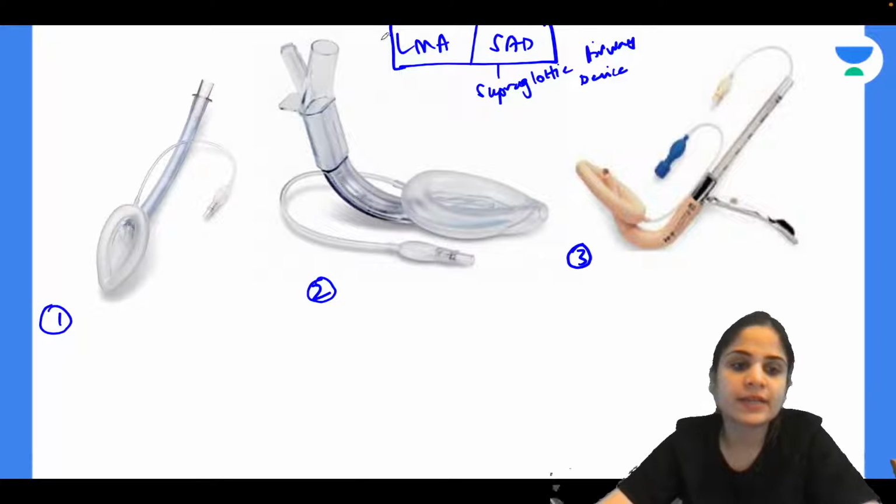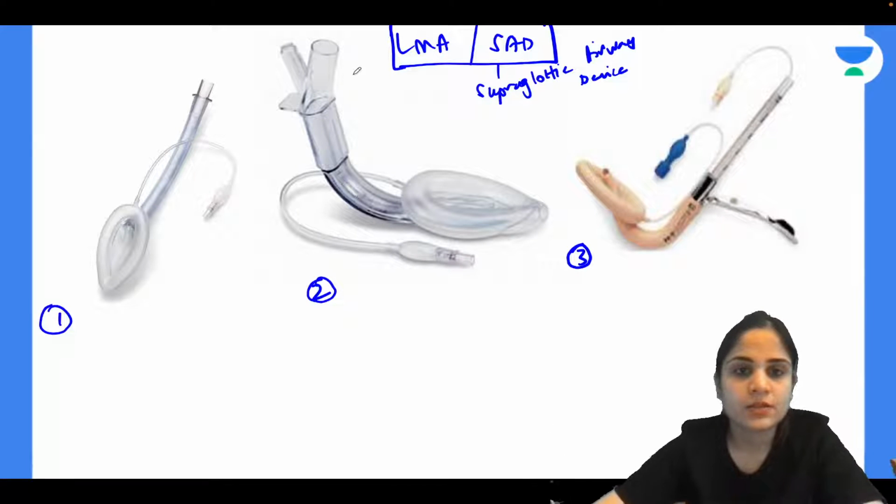These are supraglottic airway devices, absolutely correct. Can you tell me which are individually all of these supraglottic LMA devices? Yes, so second one, very good, Anu, is LMA Supreme. Perfect.